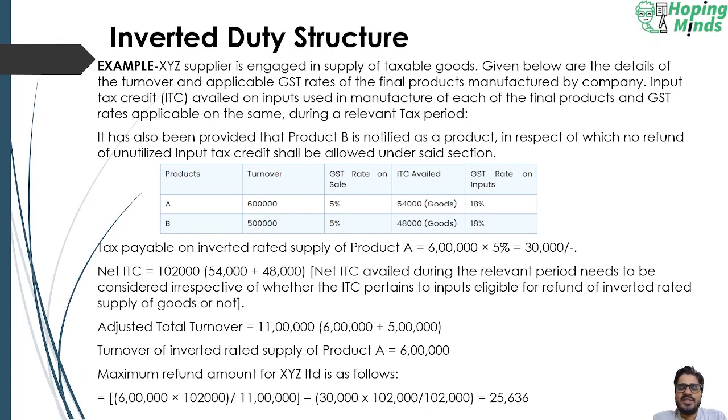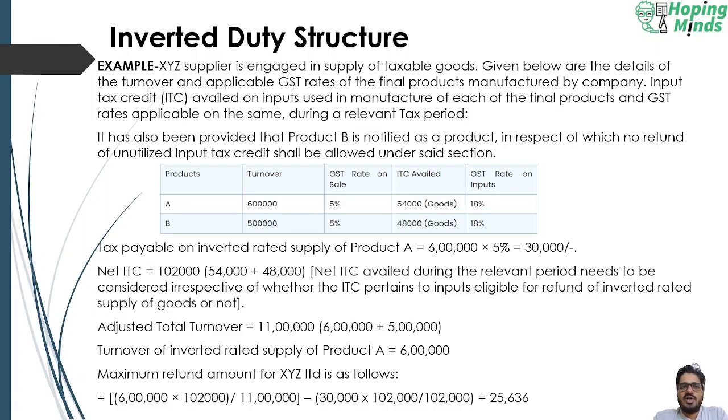So now let us understand with an example how the calculation for refund of input tax credits under the inverted duty structure is done. XYZ supplier is engaged in supply of taxable goods.